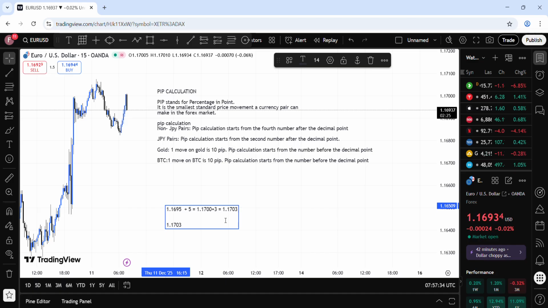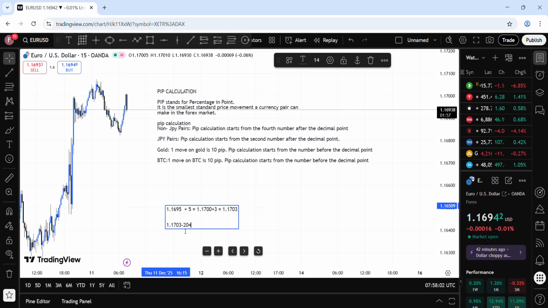Let's say the market moves 20 pips backwards, minus 20. Who can tell me the current market price? The current market price will now be 1.1703 minus 20 pips.